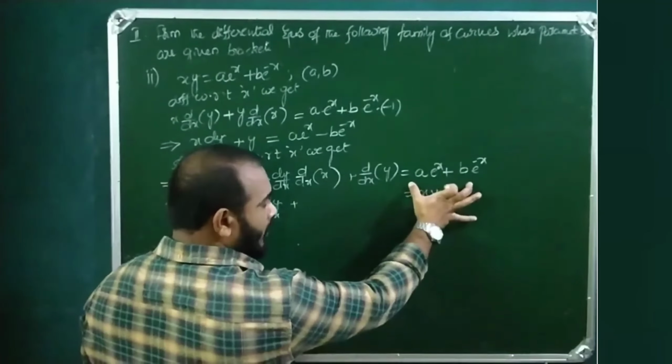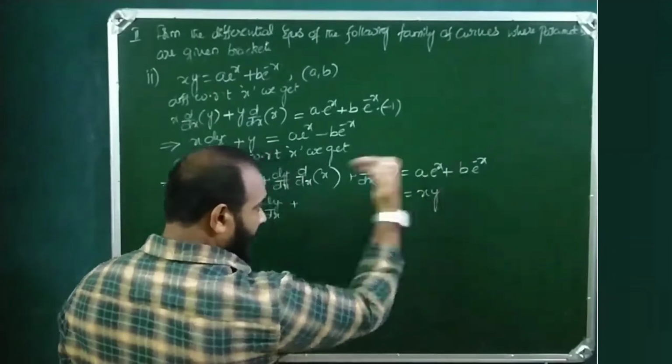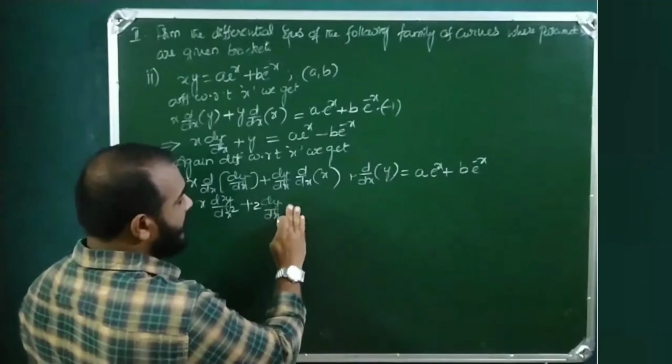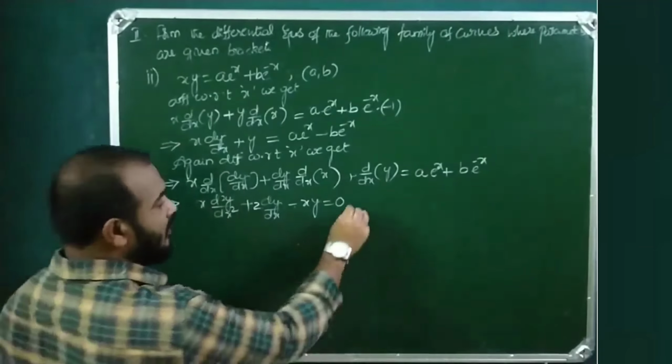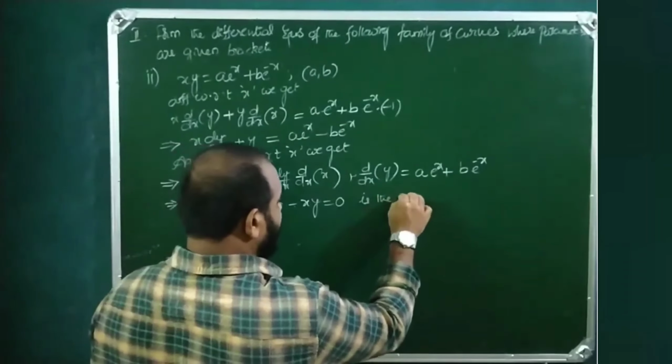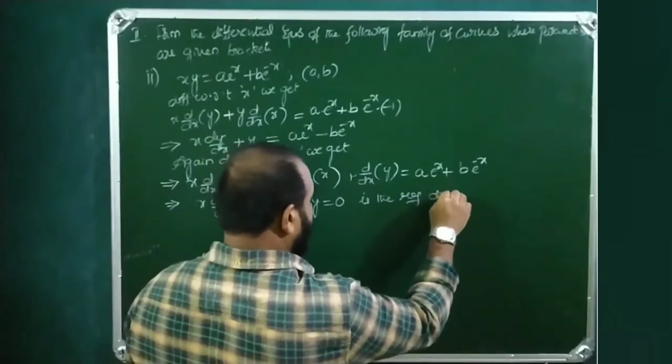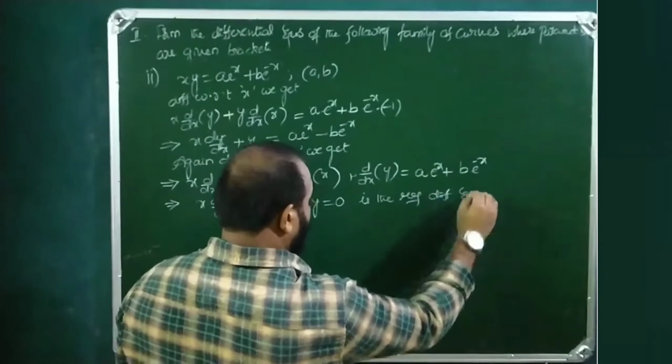This is a e^x + b e^-x. If you transpose this, minus xy equals 0. This is the required differential equation.